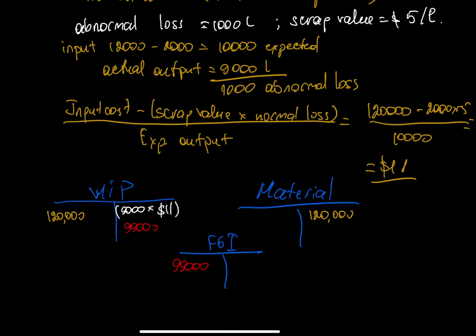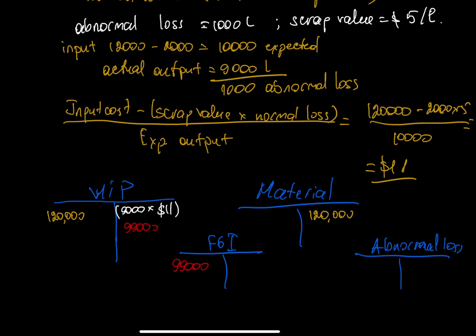The next thing is that we have an abnormal loss, and an abnormal loss is recorded as abnormal loss, and we're going to have it right here. Again, the cost per liter is $11.